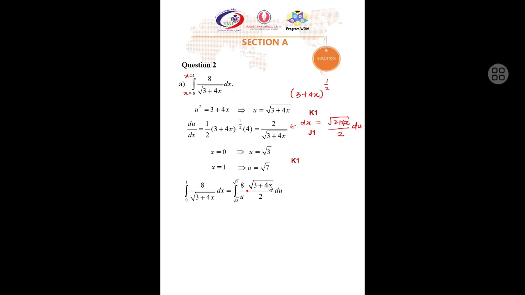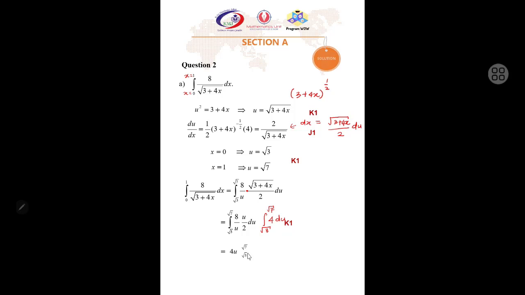Then as you can see here, we still have square root of 3 plus 4x, so this is our u. So substitute u. We need to make sure everything is in terms of u if you use substitution. So you will get 8 over u times u over 2. Simplify all this, this is K1, and you will get the integration from square root of 3 to square root of 7 of 4 du.